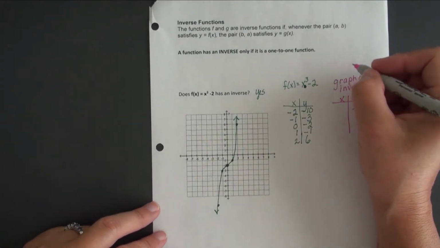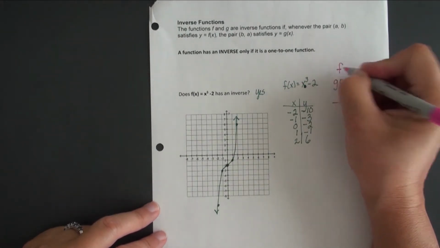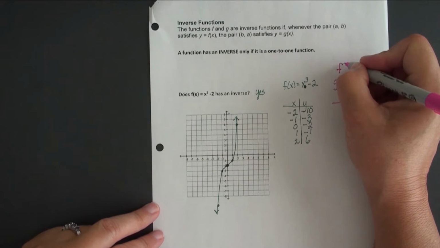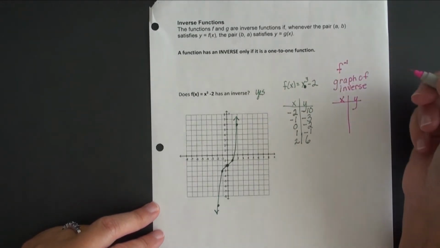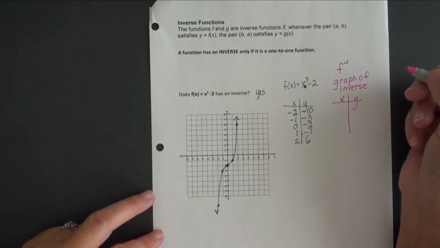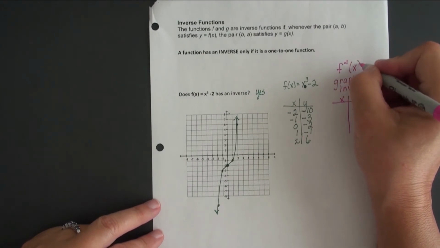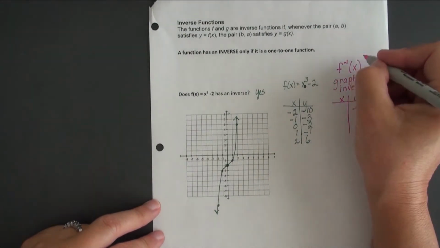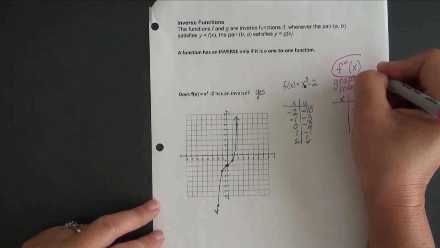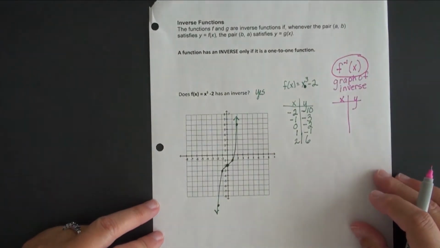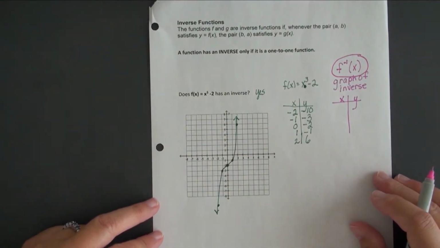We don't know the equation yet, but the inverse is always written as an f with a little -1. It looks like an exponent, but that is not an exponent, and then x. So when you see this notation, you know that you are talking about the inverse of f of x.